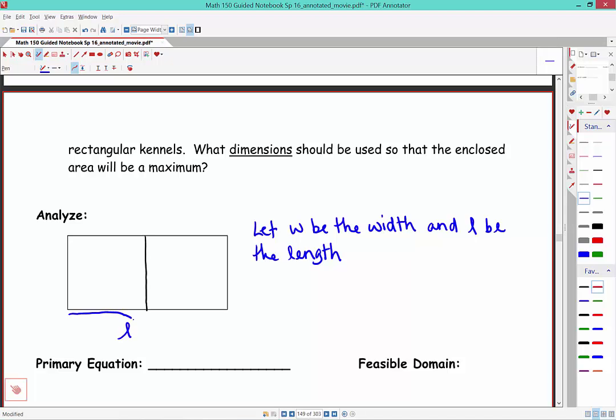So L would go all the way across like that, and then W would be here.